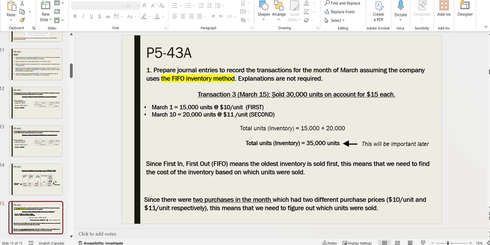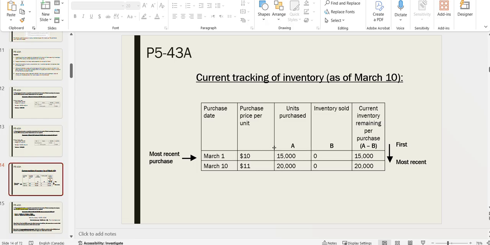For calculating the cost of goods sold, we need the numbers here. So we sold 30,000 items. We need to first use items bought on March 1st. So we can provide 15,000 items from March 1st, and the remaining 15,000 items can be used from our purchase on March 10th.